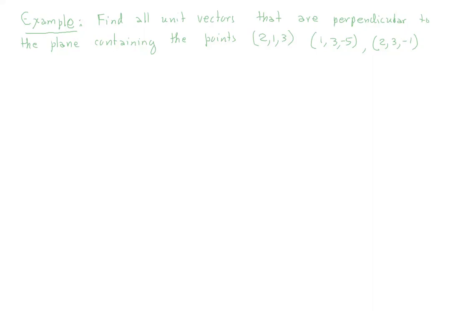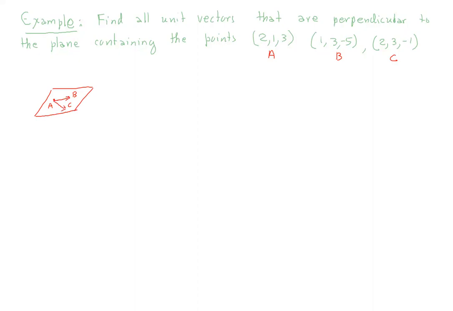It's pretty much the same story. We want to go from points to vectors. So let me name these points. The idea is that if you have the plane that contains these points, then to begin by finding a vector which is perpendicular to this, you can just take the cross product of AB cross AC.